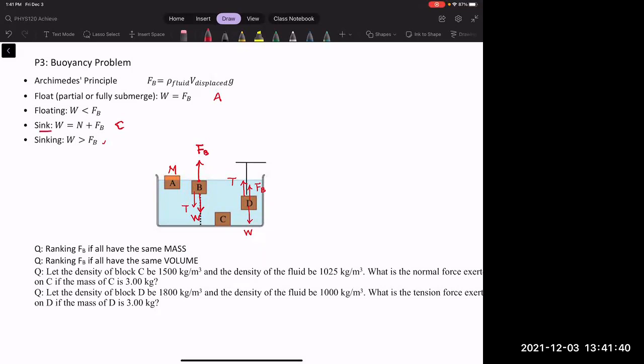For block C, we know this is the situation, and this situation tells you the weight is equal to the normal force plus the buoyancy force, or the buoyancy force is equal to the weight minus N, the normal force. So that is not equal to the weight. I should write the weight here. So this is F_B equal to the weight.